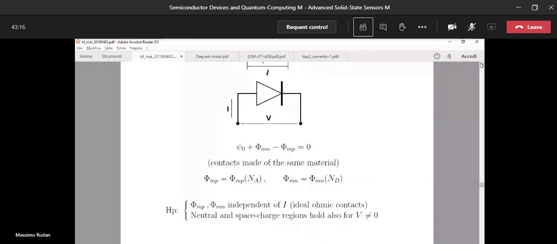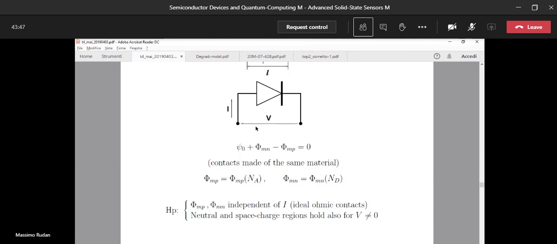You know very well that with this direction of the arrow of the voltage, when V is positive, we talk of direct bias. When V is negative, we say the junction is reverse biased. In both cases, it is in a non-equilibrium condition.